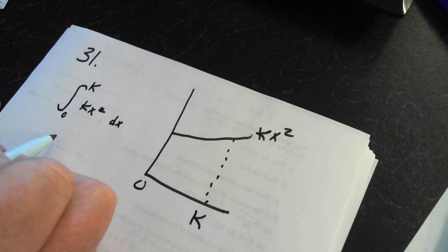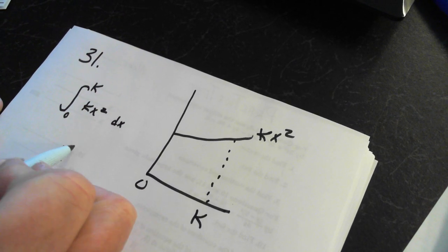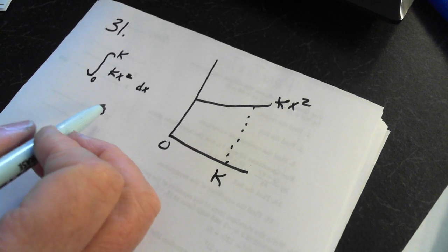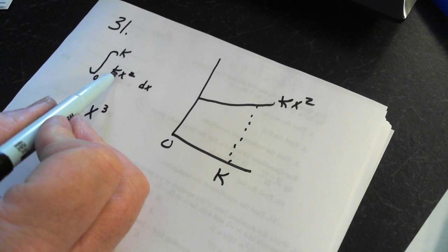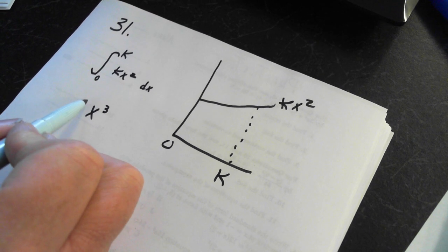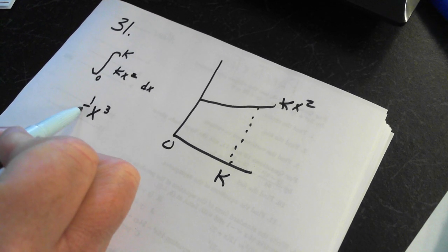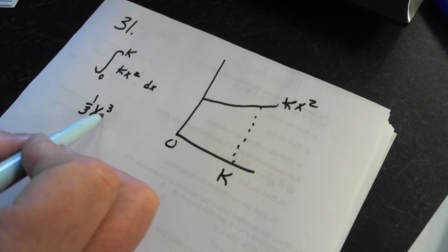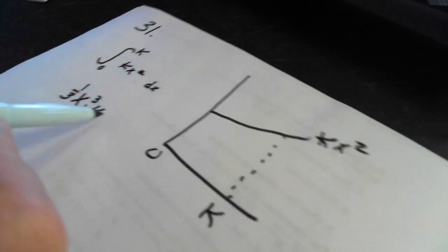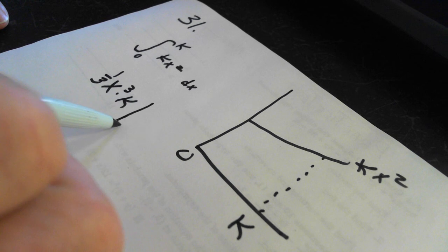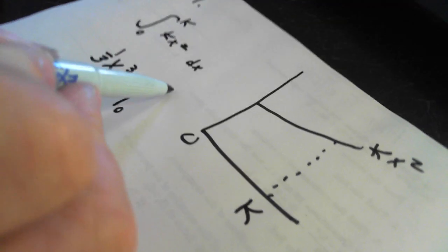If you do that, you're going to go from x squared up to x cubed. The k is just a number that we don't know. It's not a variable, so that'll stay right in front of it, but there's going to be a 1/3 happening, right? But we have to keep that k in there. So it's going to be times k yet. And it'll be plus some constant, but that's going to cancel out when we do this.